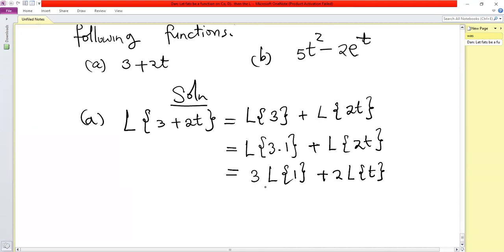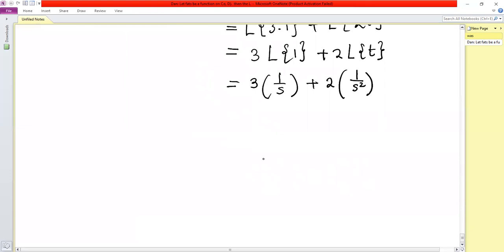And from the Laplace transform tables, the Laplace transform of 1 is 1 over s, so it'll be 3 times 1 over s plus 2 times the Laplace transform of t, which from the tables is 1 over s squared.